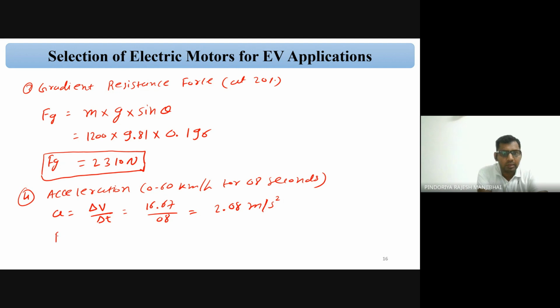And Fm is m into A, with m equal to 1200 and A equal to 2.08, which is 2500 Newton. So this is your acceleration force.